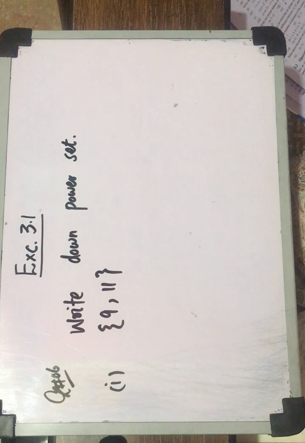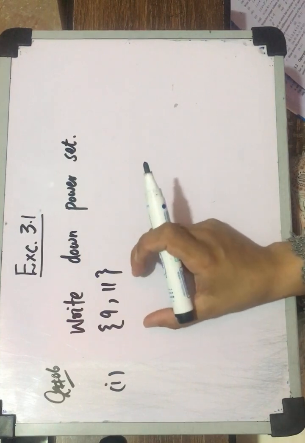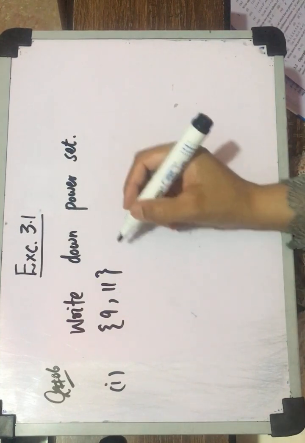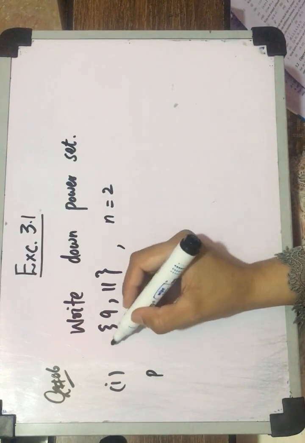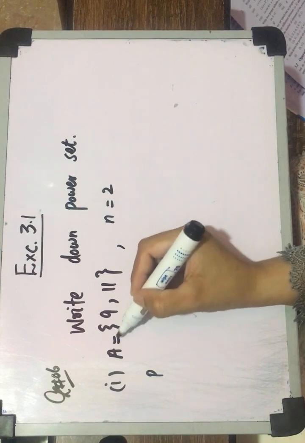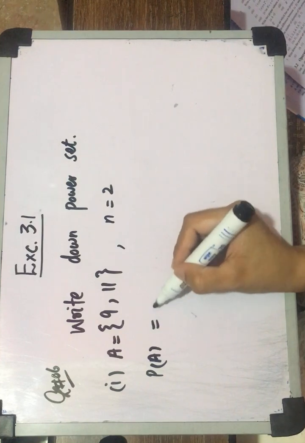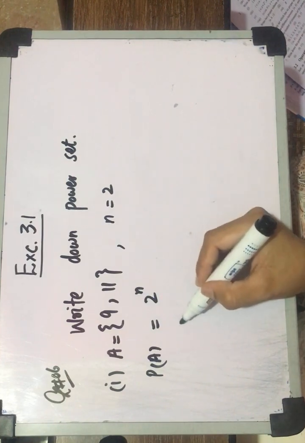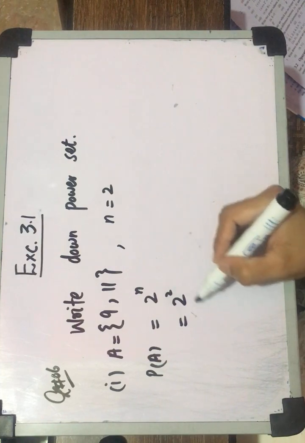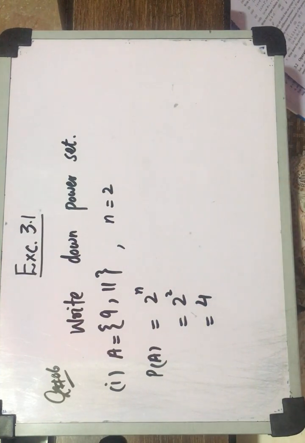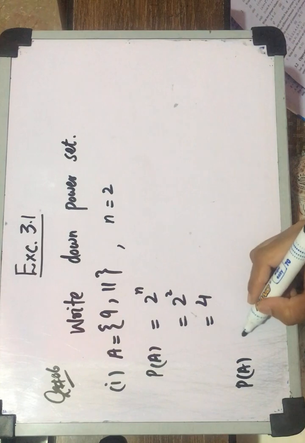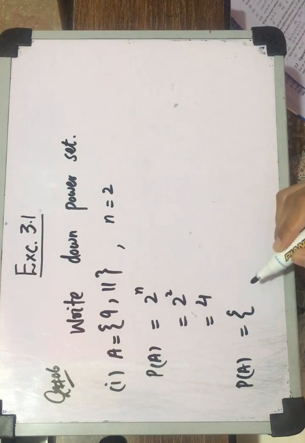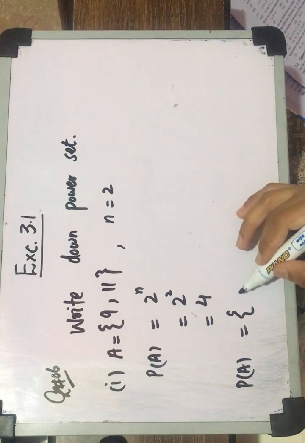In the previous question we already found out how many power sets there will be for a set. So again I'm going to take n is equal to 2, and let's suppose this set is denoted with A. The number of power sets of A will be 2 raised to power n, 2 raised to power 2, which is equal to 4. It means this set has 4 power sets. So P of A is equal to, let's start writing all the power sets.